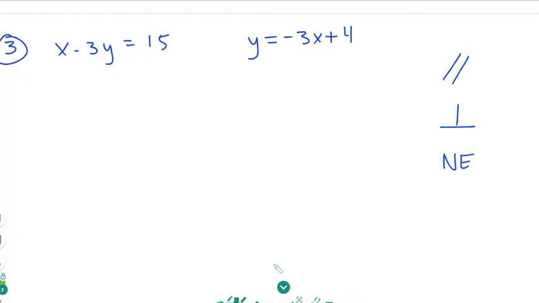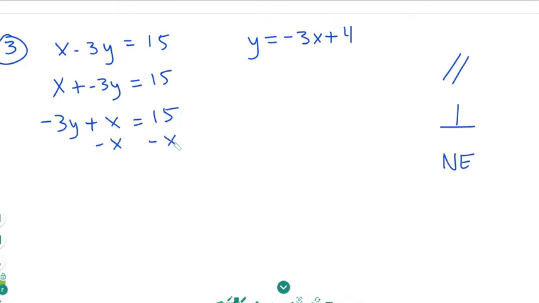Now we're going to take a look at two equations and determine whether these two lines are parallel, perpendicular, or neither. In order to do that, we need to make sure that we have both equations solved for y. So we're going to take a look at the first one, and we're going to need to do keep, change, change. And then we're going to do CPA. And then we're going to go ahead and zero pair out the x.